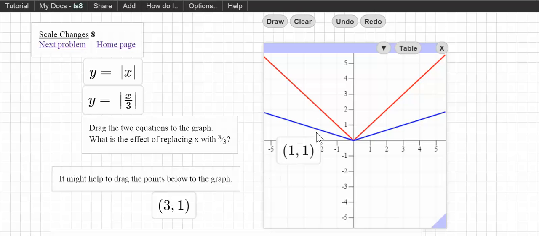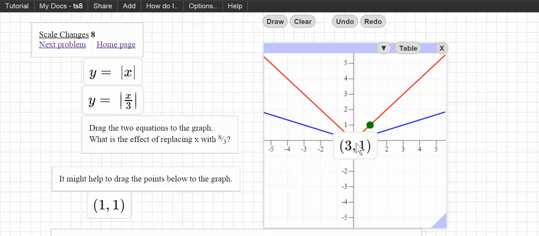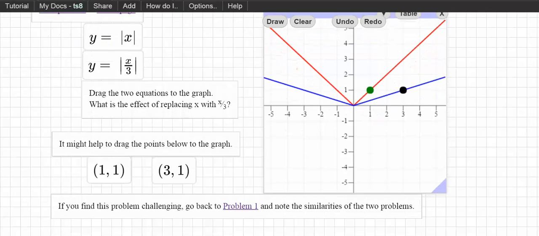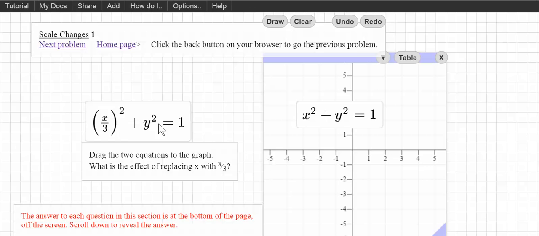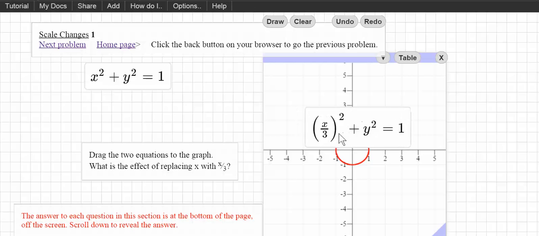So there are these 2 reference points that they can look at, and hopefully then they can see that instead of being 1 away from the y-axis, this point now is mapped over to here 3 times as far away from the y-axis. If they find this problem challenging, they can go back to problem number 1, which asks the same thing. What is the effect of replacing x with x divided by 3?